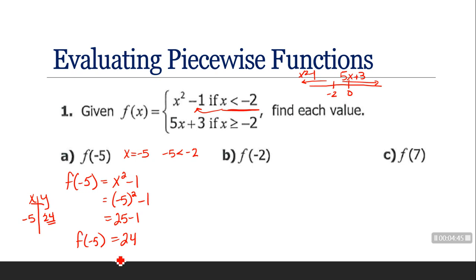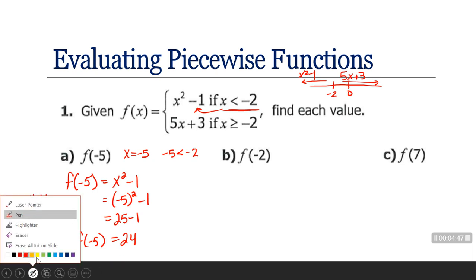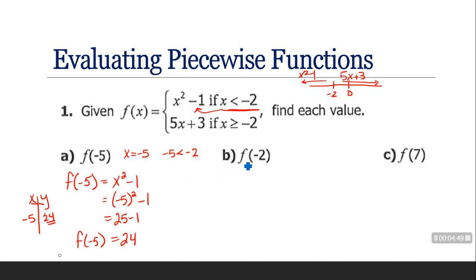Okay, our next example we have to be a little bit careful with because this says f of negative 2. Both of these inequalities have a negative 2, but I need to use the one where it says equal to negative 2. So when x equals negative 2, what is the y value? In that case, f of negative 2 is used in the 5x plus 3 portion, that linear part.